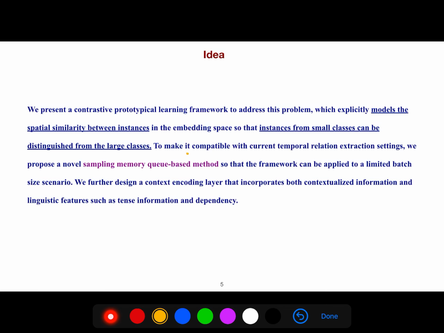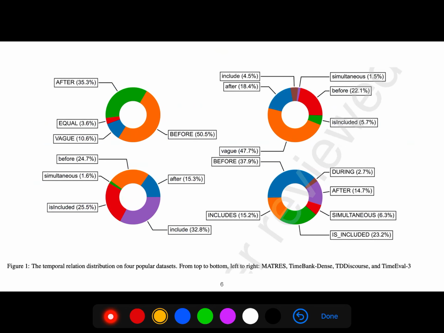To make it compatible with current temporal relation extraction settings, we propose a novel sampling memory queue-based method so that the framework can be applied to a limited batch size scenario. And we further design a context encoding layer that incorporates both contextualized information and linguistic features such as tense information and dependency. This is the temporal relation distribution on just 4 popular datasets.